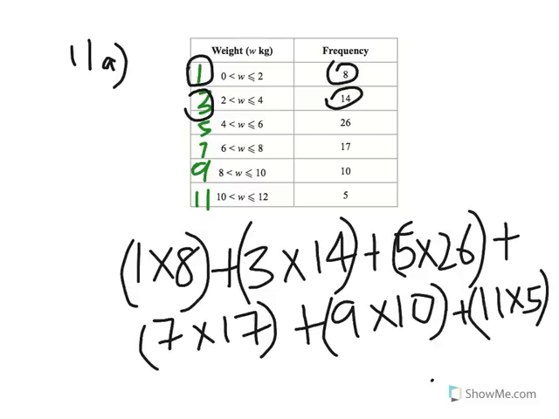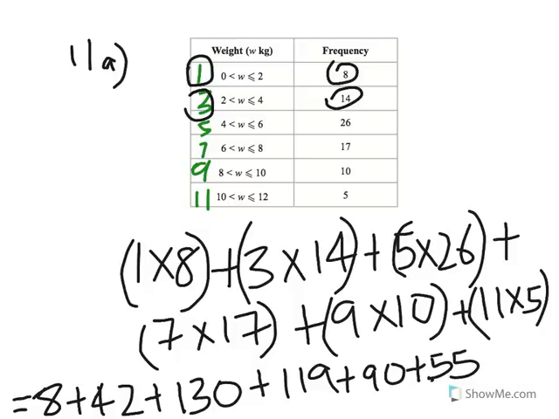So this simplifies to 8 plus 42 plus 130 plus 119 plus 90 plus 55, which will give you an estimate for the total weight to be 444 kilograms.